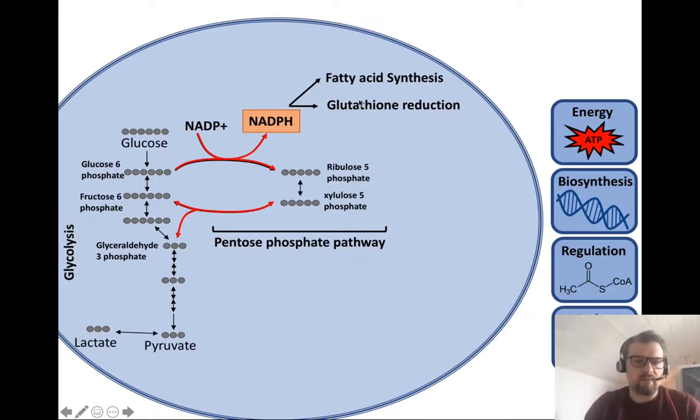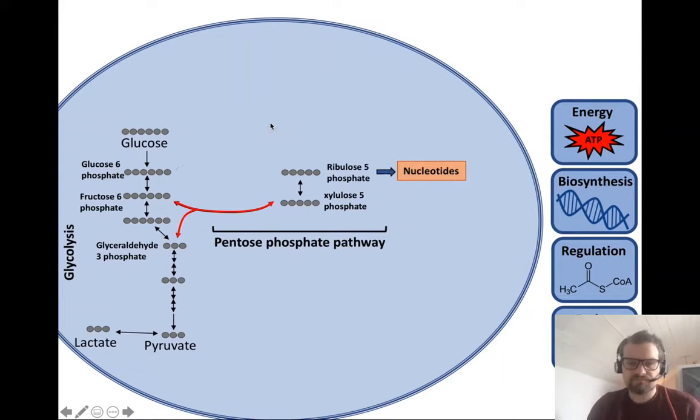Or if you don't have a requirement for nucleotides, and maybe you have a core requirement for NADPH, this ribulose 5-phosphate can be recycled back into the glycolytic pathway through this arm of the pathway here. So you can have glucose-6-phosphate going through the pentose phosphate pathway and back into lower down in glycolysis, ultimately ending up in pyruvate and lactate. And this allows you to generate NADPH.